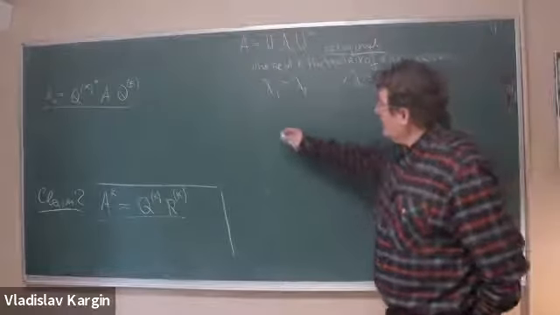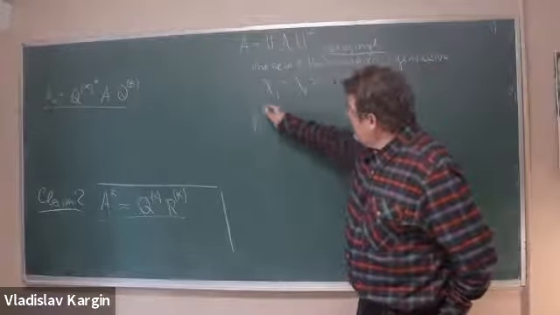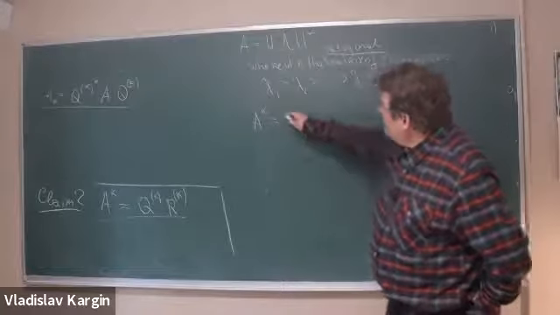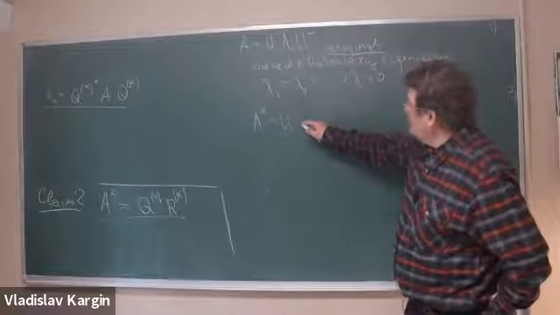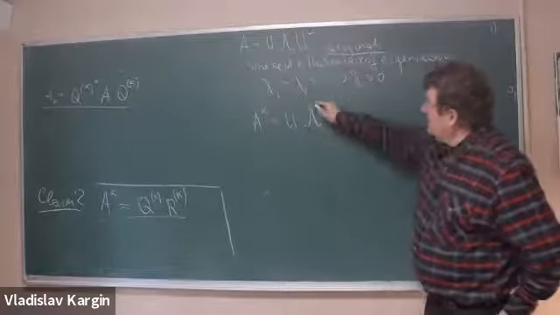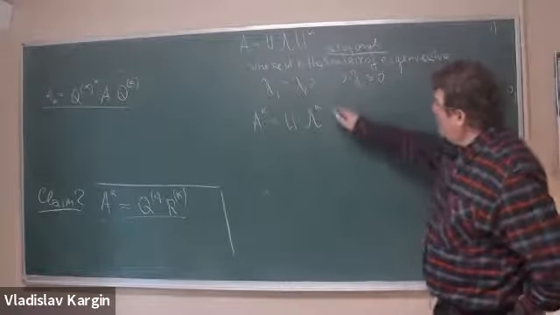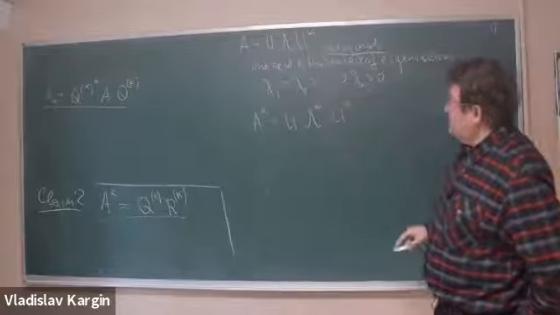Okay, so we can write A to the power of k is equal to U lambda to the power of k U star.